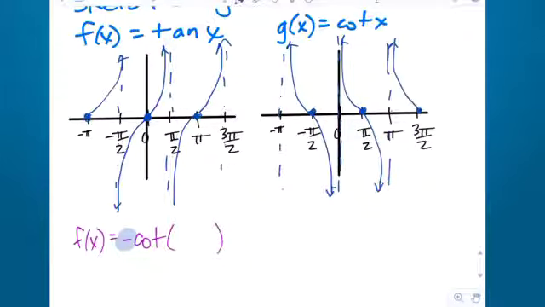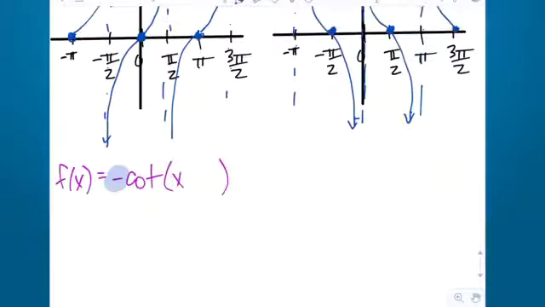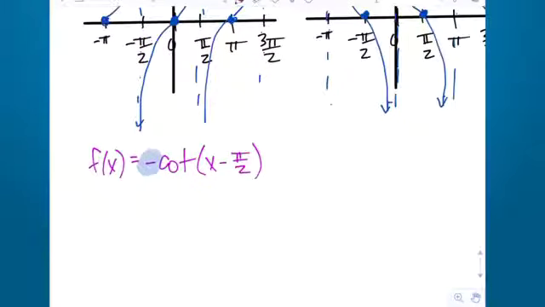My favorite's not showing. It's at 5 pi halves. Pi halves, yeah, that's the easy one. Pi halves, so you want to shift it over to the right pi halves? That's going to be x. Well, if you want to shift it to the right, it's x minus pi halves. But would x plus pi halves also work here? Yeah, it would also work. And there you go. There's a very nice visual then of the cofunction nature of tangent and cotangent.